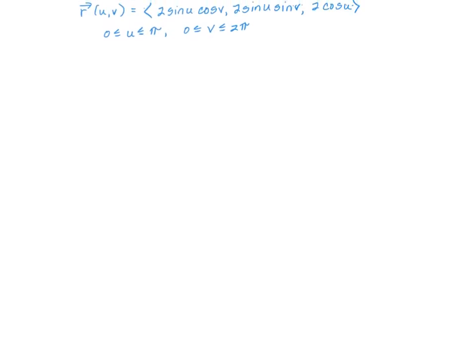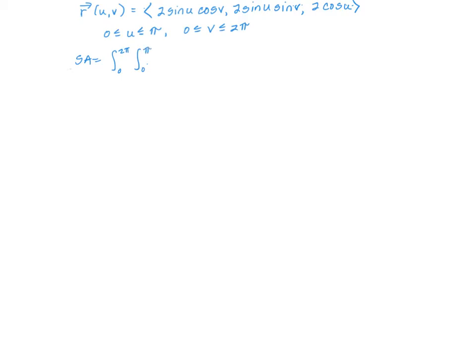Now to compute my surface area, I'm going to do a double integral over my region. My region is my u and my v values, so maybe I'll do 0 to 2 pi. I'll do the v on the outside and my u on the inside from 0 to pi.